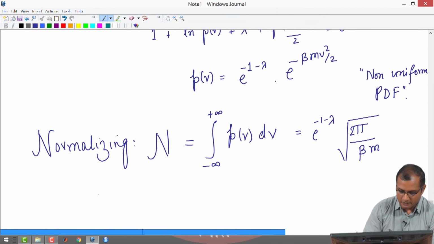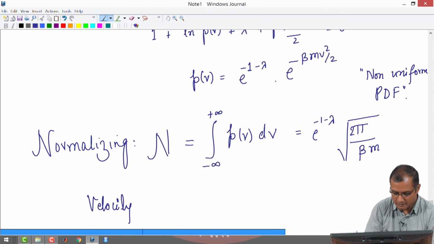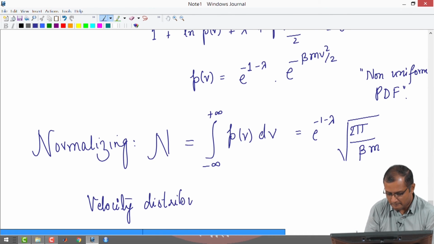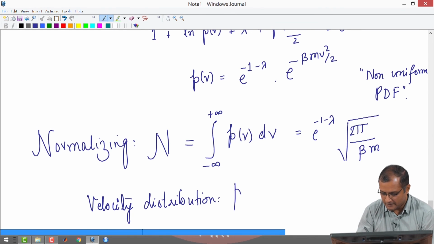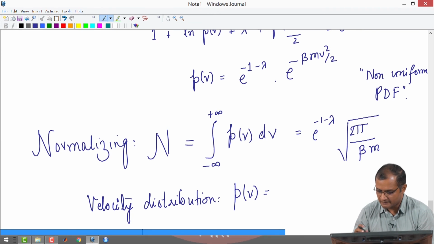Then our normalized PDF, which I will call the velocity distribution, becomes P of v, simply the PDF that we have written divided by the normalization constant.